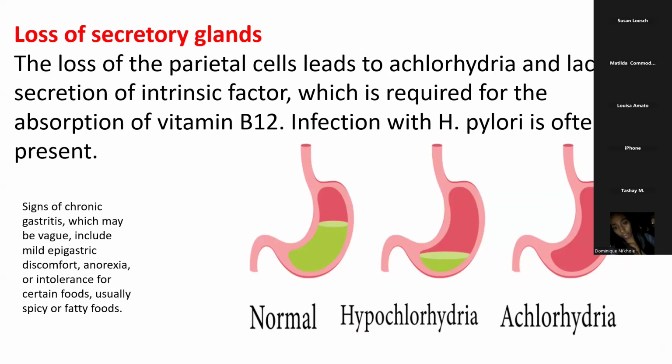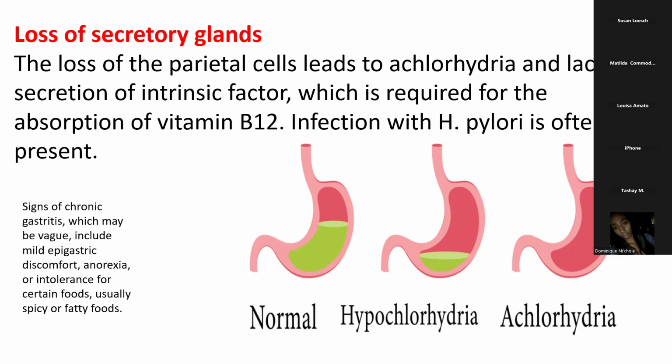So in chronic gastritis, we have a loss of those secretory glands. Okay, so we're losing some of that mucus being produced, but also the loss of those parietal cells causing achlorhydria. Anything that starts with A means without.